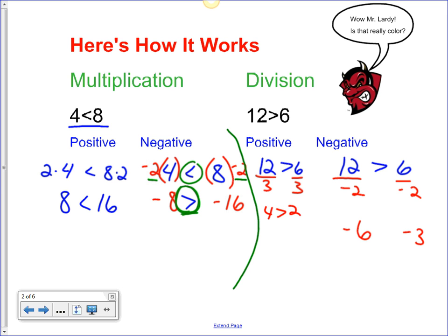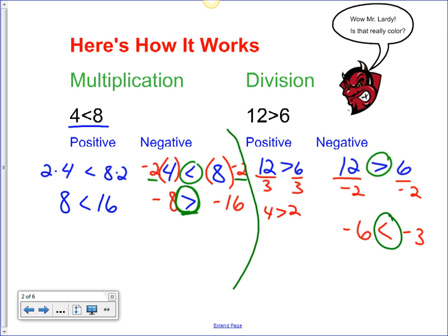And again, if we think about these two numbers, we'd have to say that negative 6 is less than negative 3. So once again, if you divide by a negative 2 on both sides, you must switch the inequality. So moral of the story, if you multiply or divide by a negative on both sides, you must switch your inequality symbol. So with that in mind, let's take a look at how we solve using multiplication and division.